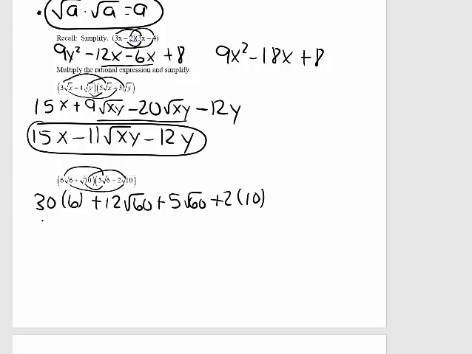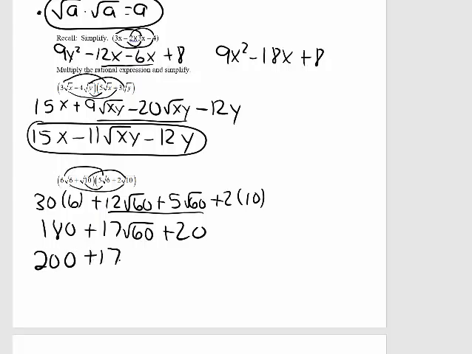So we know 30 times 6 is 180. Combine like terms. And 2 times 10 is 20. 180 plus 20 is 200. Now, the last thing we need to check is, are there any perfect roots I can pull out of 60?